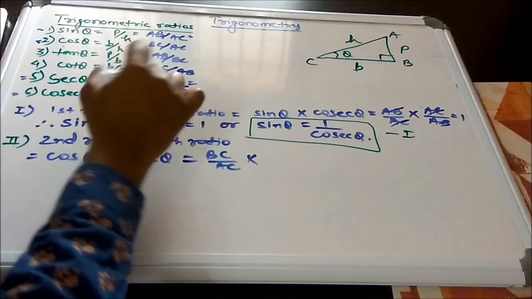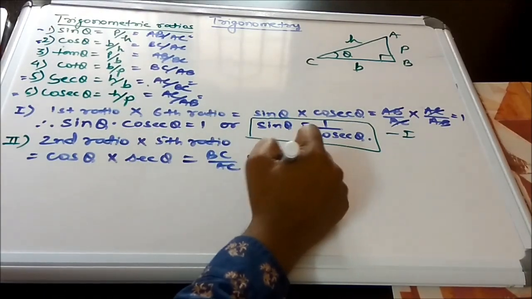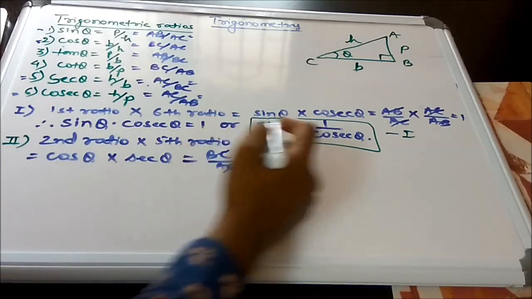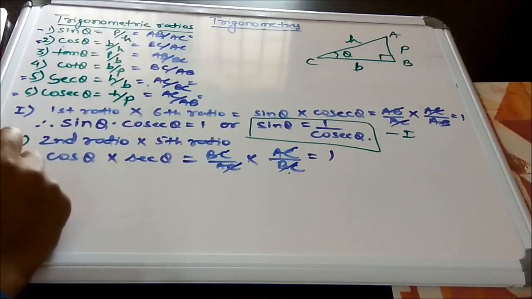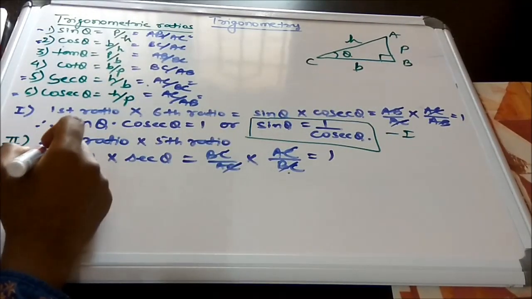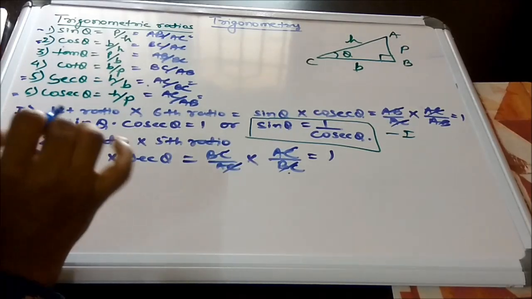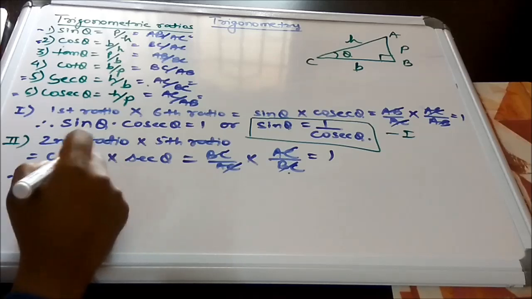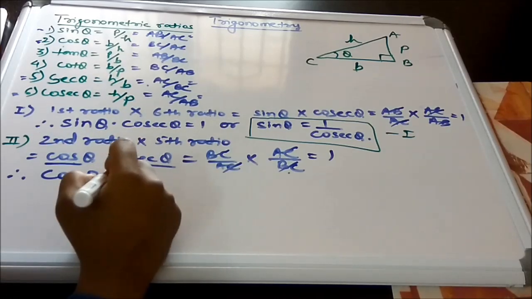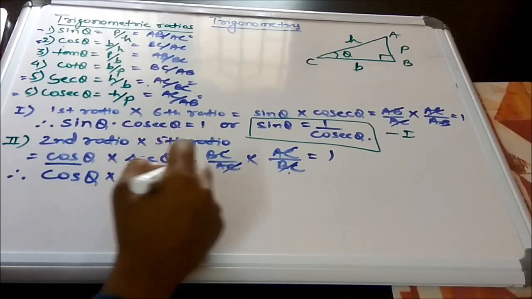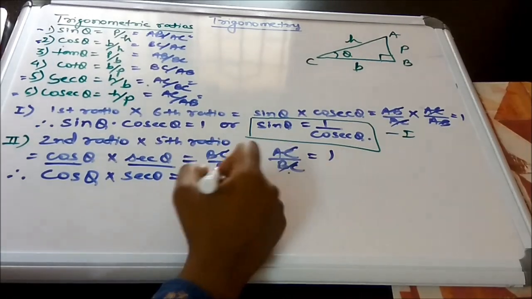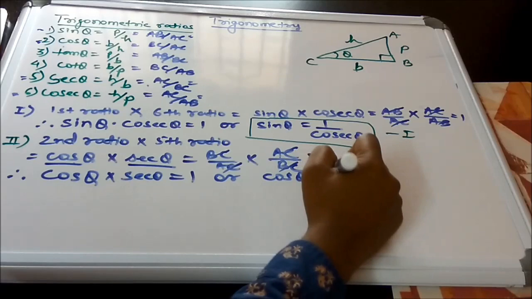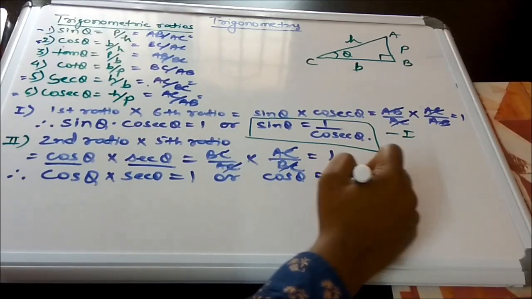So AC and AC get cancelled, BC and BC get cancelled, equals 1. Therefore, we have just now derived our second relationship between trigonometric ratios, that is cos theta into sec theta equals 1, or in other words, cos theta equals 1 by sec theta.